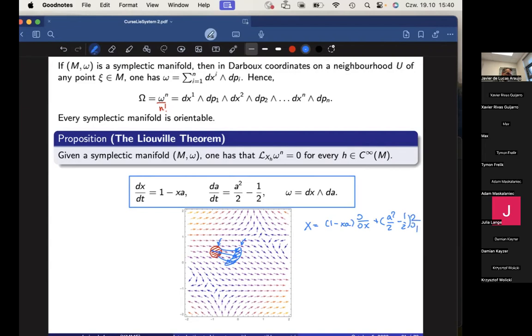And you can see that this with omega, if I'm not wrong, will be minus x a differential a. Well, this is not p, this is a. It will be the x with a minus 1.